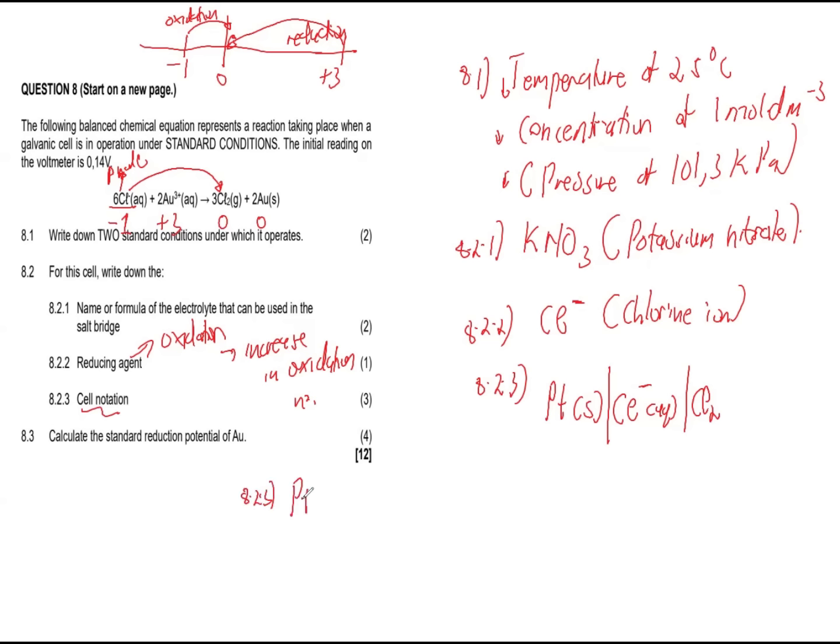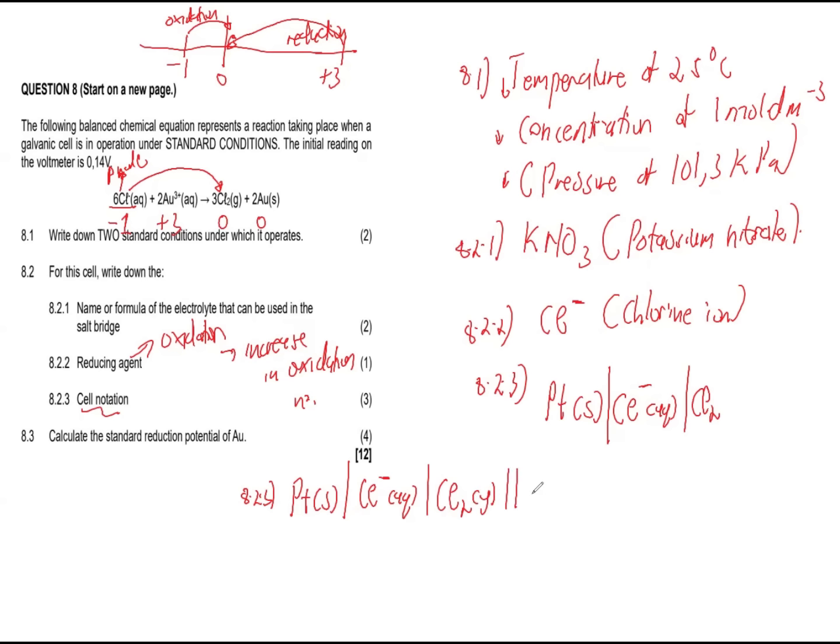Let me just write it here. 8.2.3. We start with our platinum in solid. And then we have the Cl minus, which oxidizes to Cl2 gas and then goes through the salt bridge.